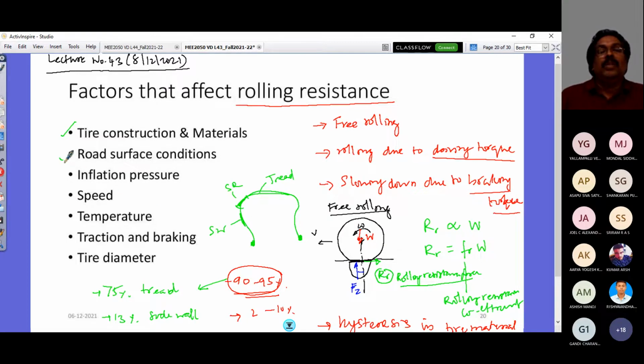Of course, the road surface condition has an influence on rolling resistance. Then the inflation pressure, speed, temperature, whether the tire is subjected to traction or braking, and the dimensions of the tire are all important. Researchers have done studies varying these factors and looking at the variation in rolling resistance, which is quantified through the rolling resistance coefficient.